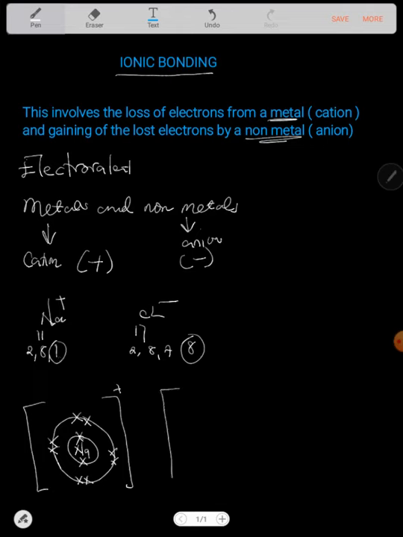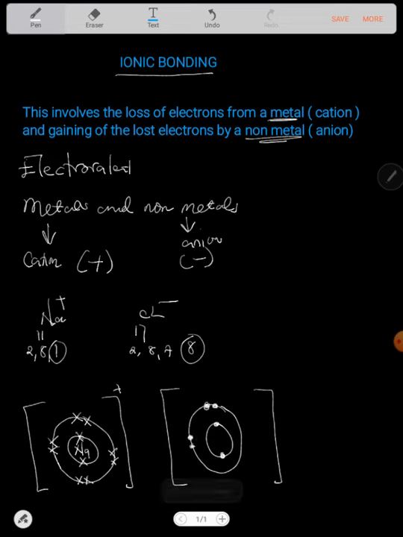Then it has been lost to where? To chlorine. Chlorine has got how many electrons in its outer shell? 8. So I'll put this, and I'll put this. Since, remember, it had 7, now it has gained an electron.